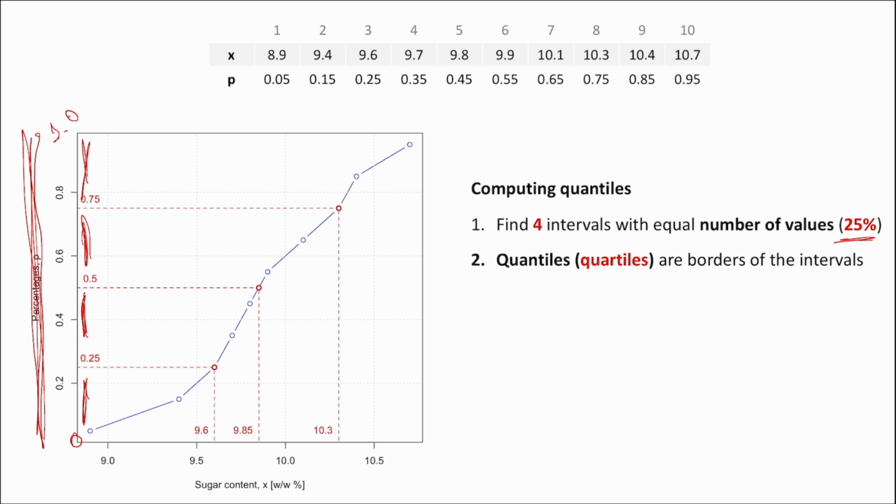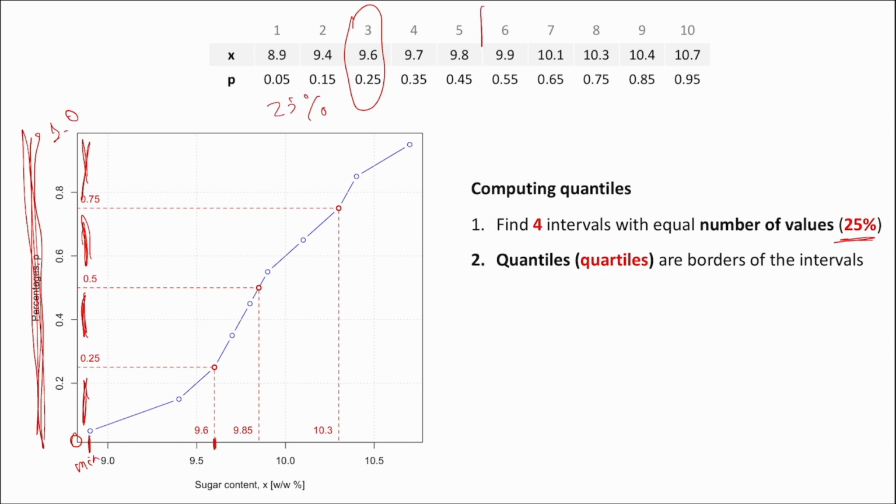So we split the p-axis, the percentage axis, into 4 equal portions. And then for every boundary, we compute the value in x. For example, the value we computed here is 9.6, which is value number 3 in our table. So this is our boundary for the 25% smallest values.